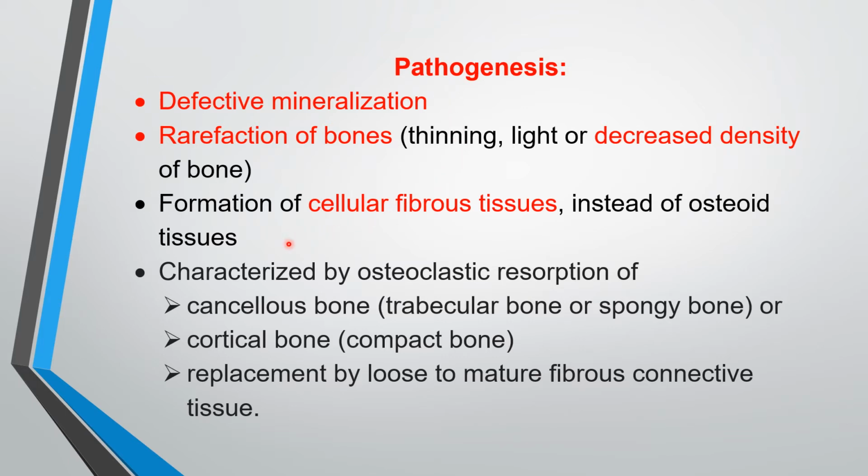In place, there is formation of cellular fibrous tissue instead of osteoid tissue. Normal bone has an osteoid tissue. Here there is deposition of cellular fibrous tissue. And because of this deposition and growth of the fibrous tissue, the disease is named as fibrous osteodystrophy.